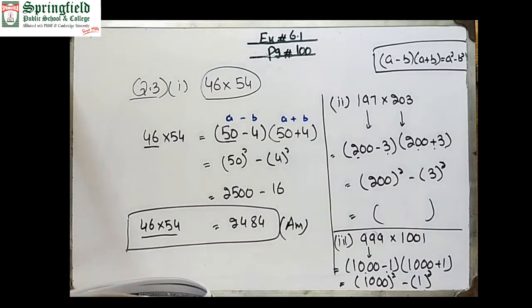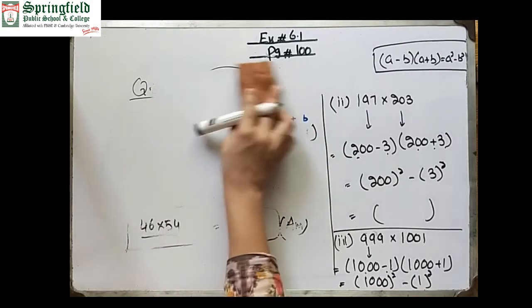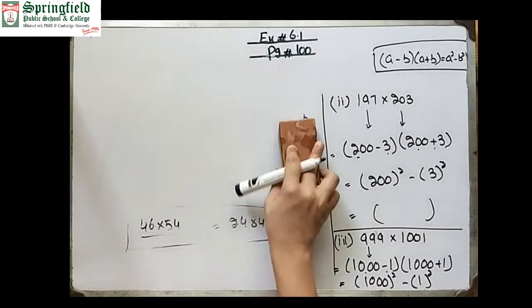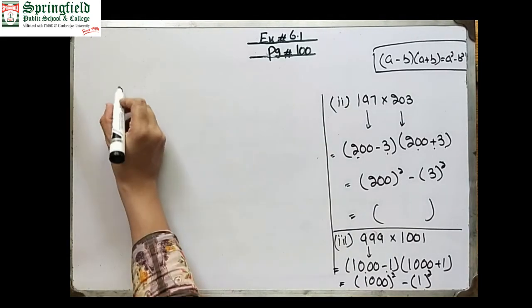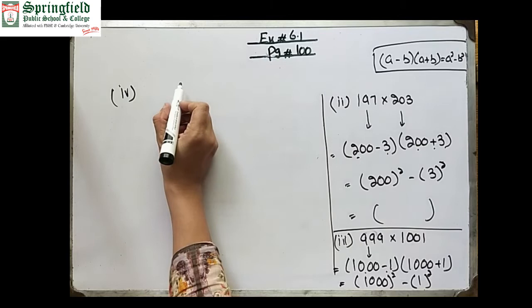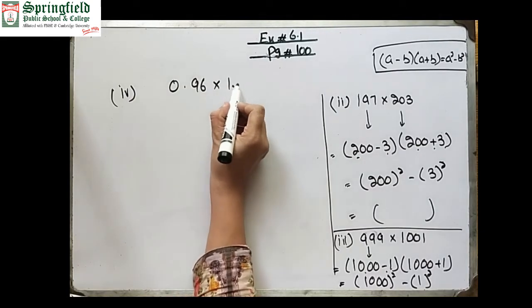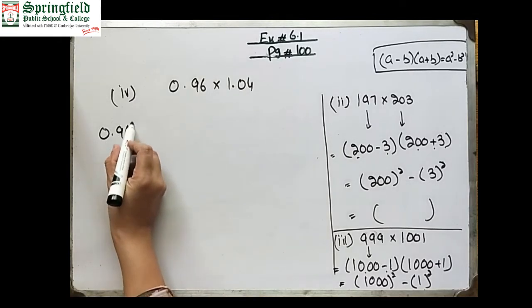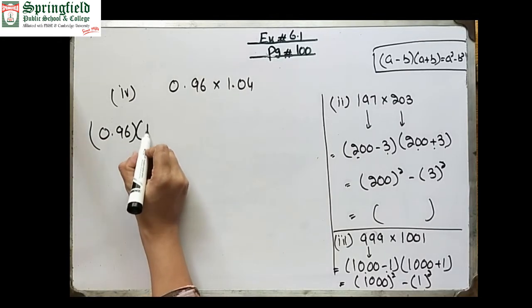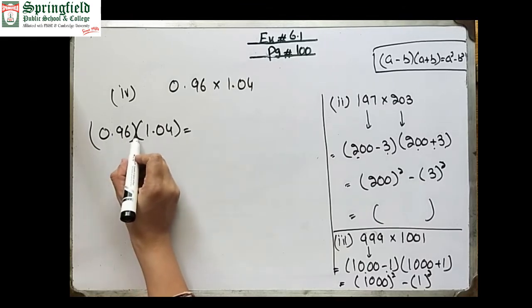Understood, beta? And the next part, the fourth part, is 0.96 multiply 1.04. So beta, 0.96 can be written as 1 minus 0.04.